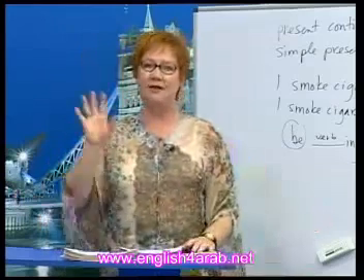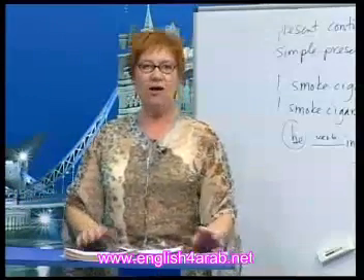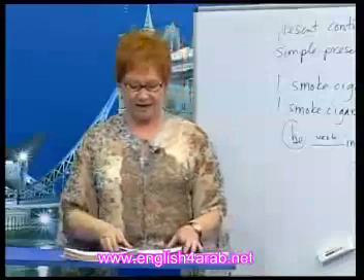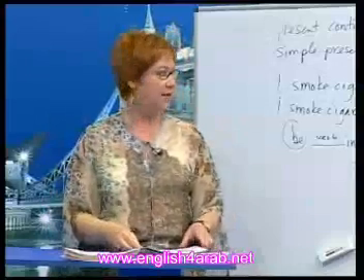Now, let's change a little bit, and we're going to talk about the body. Now, let's look at the parts of the body quickly. You look on your screen and listen as I tell you what these things are.